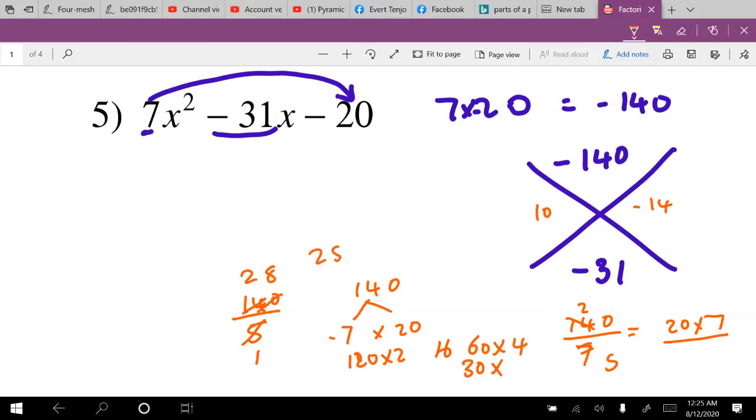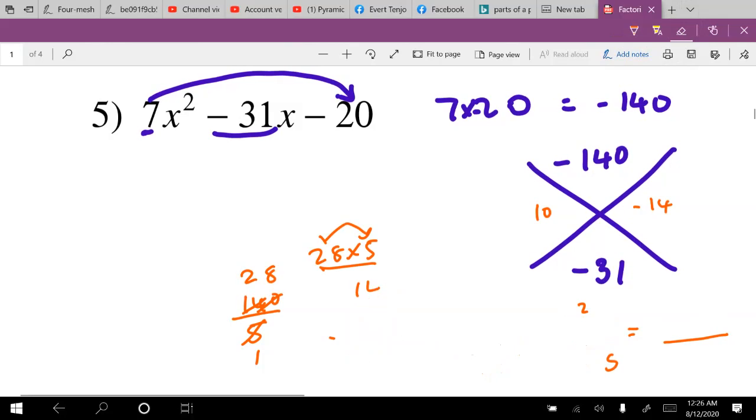So 28 times 5 is 140. If we add these two terms, we're not going to get 31. So we're working on getting the factors of 140.